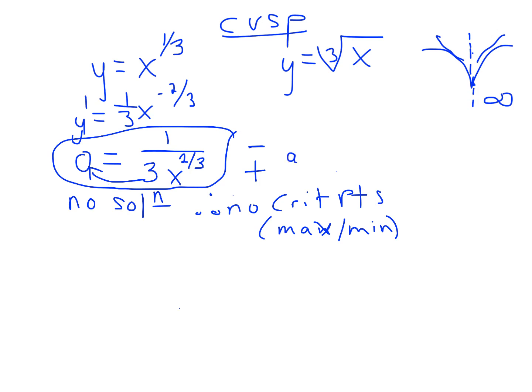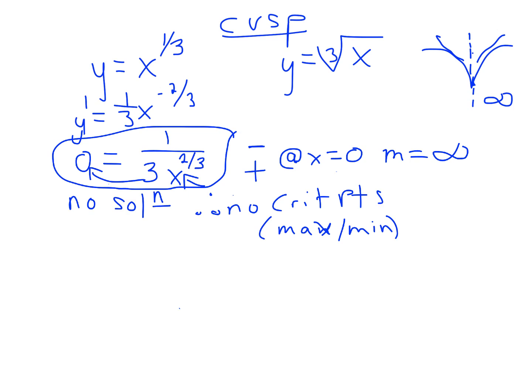But at exactly 0, the slope is undefined, right? Because if you put a 0 into the denominator here, it's going to make 1 over 0. So it doesn't go from a negative to a 0 to a positive, like a turning point does. It goes from negative slope to infinite slope to positive slope. And that only happens when you get a cusp.